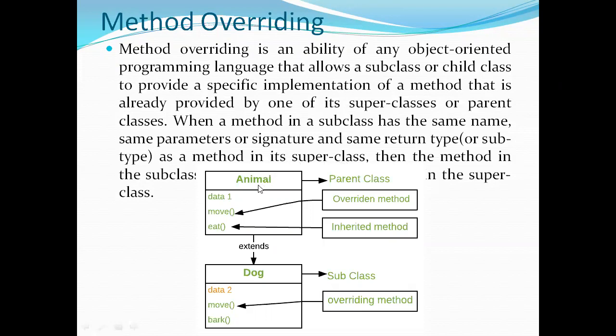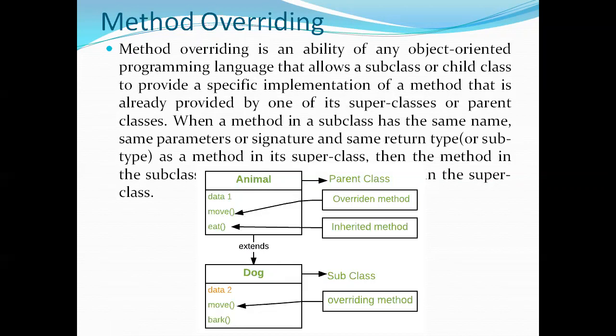For example, assume I'm having a class called animal and a class called dog. Animal has the methods move and eat. In dog, we have the methods move and bark. So animal has a move method and dog also has a move method. When you execute a program, you can create the object for dog instead of animal.